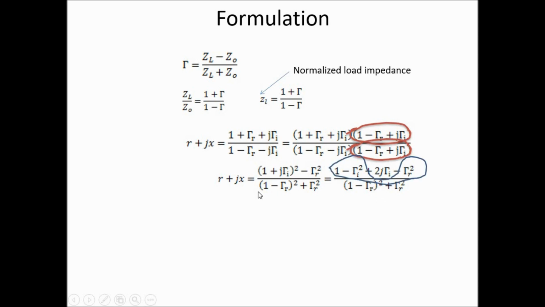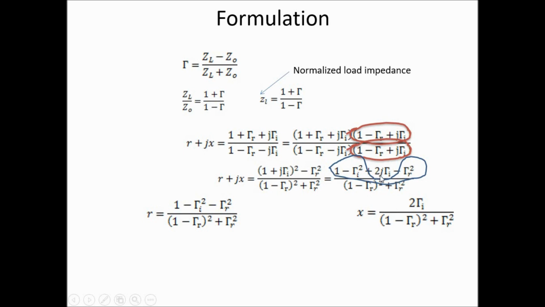From this expression, you see R is the real part and it can be equated with this real part, and X can be equated with this part. So we can write R equal to 1 minus gamma R squared minus gamma I squared over this, and X can be written as 2 gamma I over 1 minus gamma R squared plus gamma I squared.